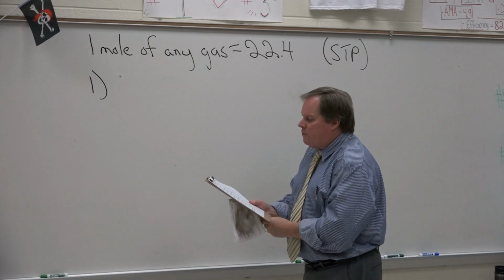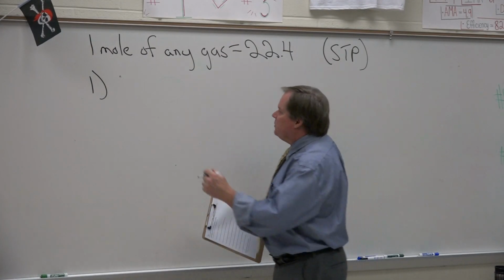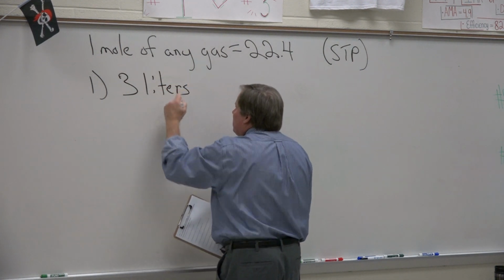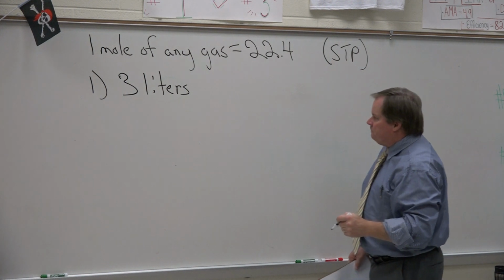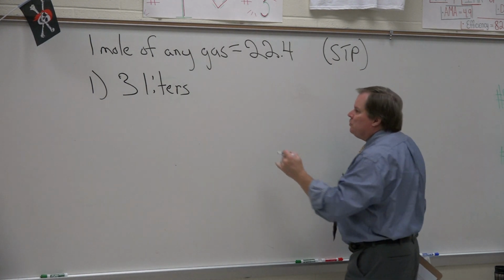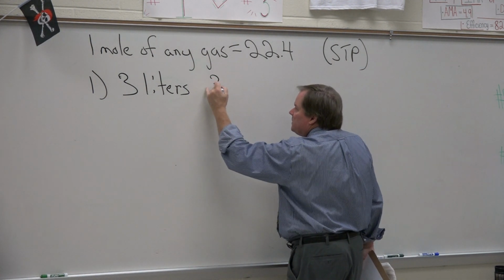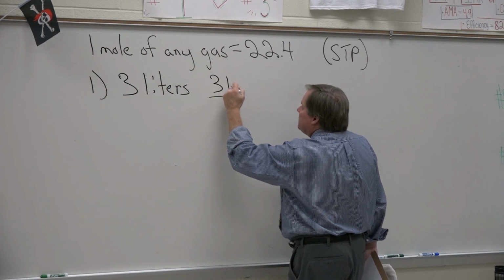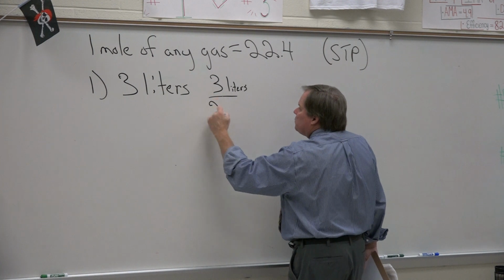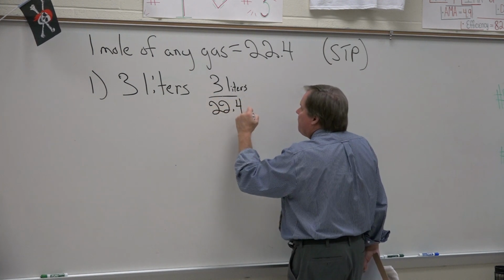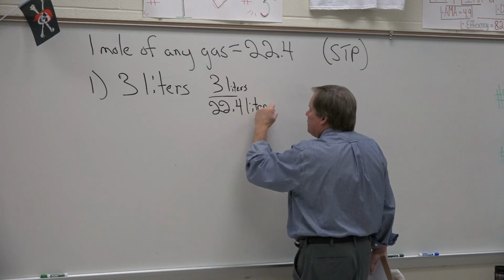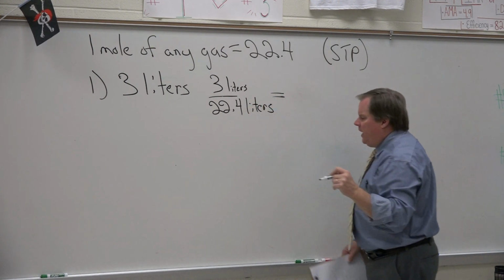How many moles are in 3 liters? So that goes back to our practice question. I'm giving you 3 liters of gas. To review that math from a few minutes ago, we've got 3 liters over 22.4 liters per mole, our ratio.